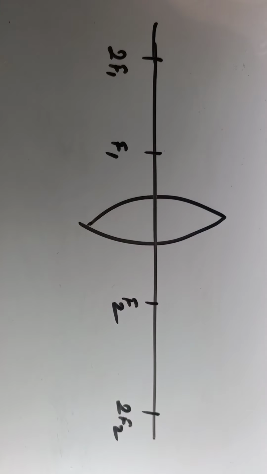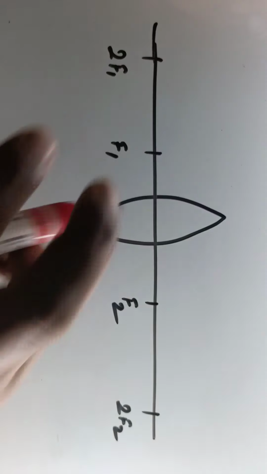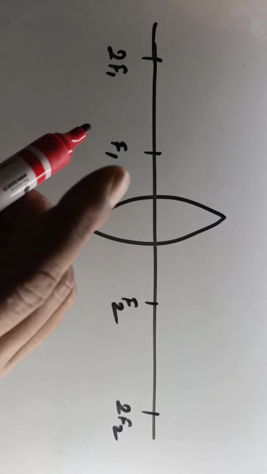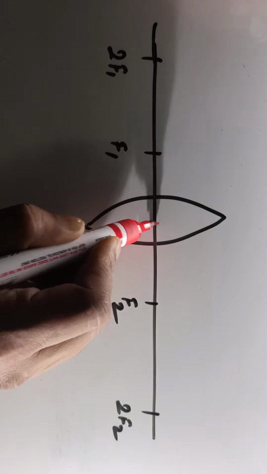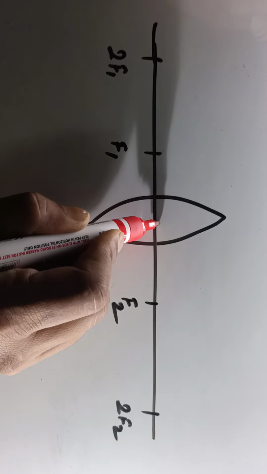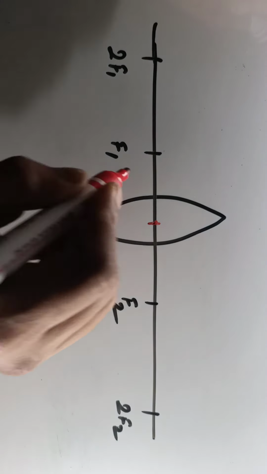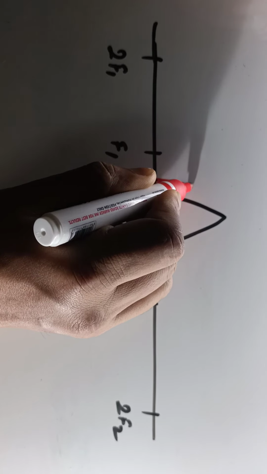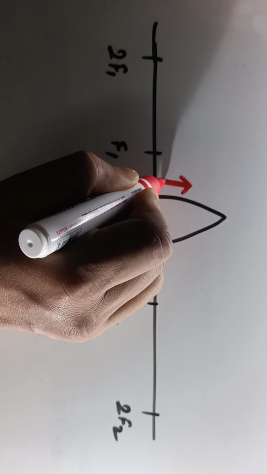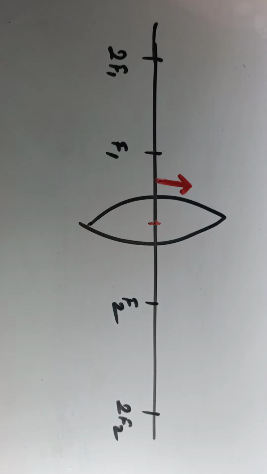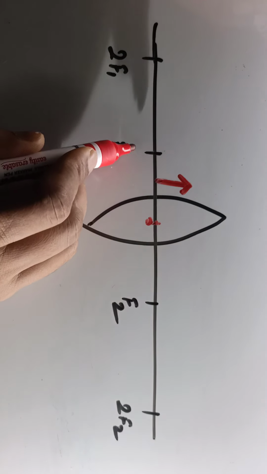Coming to the next position, what will happen if the object is kept between the optical center and f1? So I'm keeping the object here, between the optical center and f1.